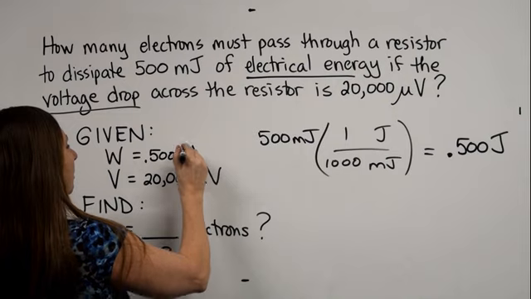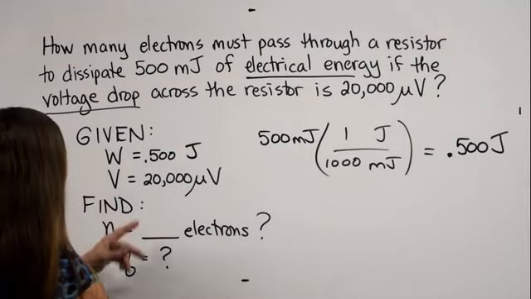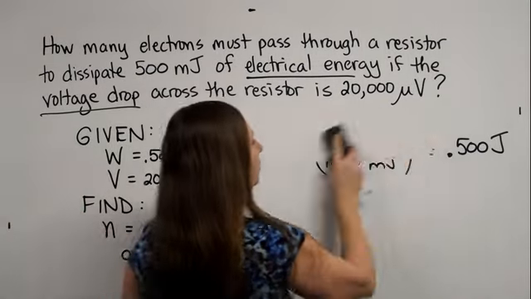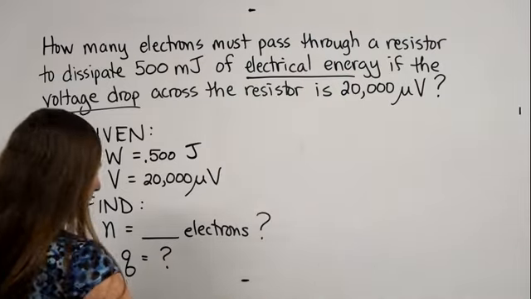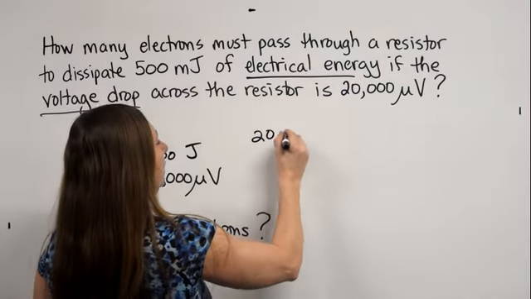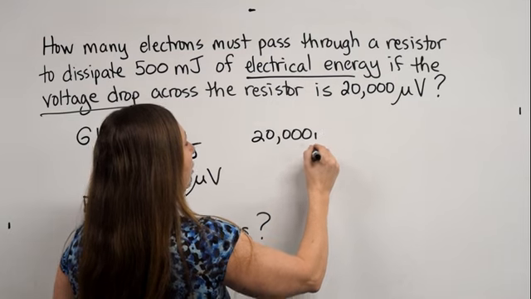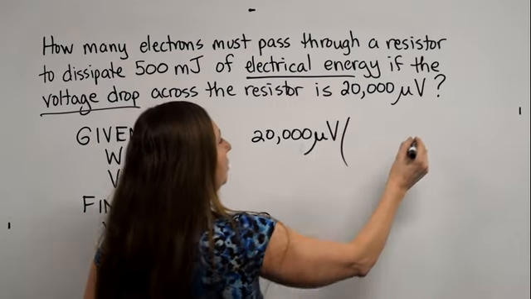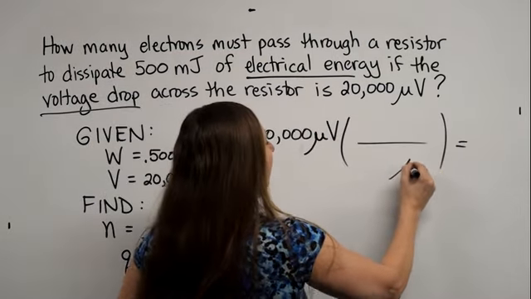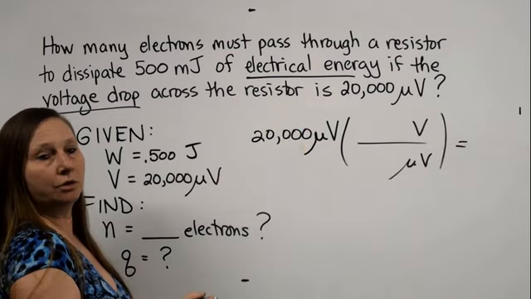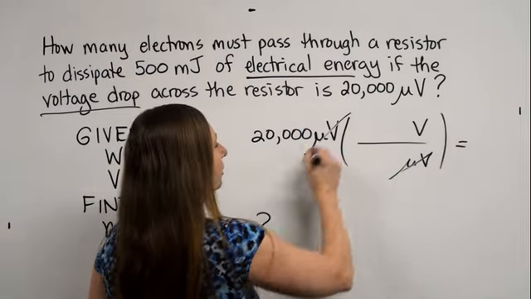joules, and we want to change 20,000 microvolts to volts. Microvolts to volts. Get rid of the microvolts, top and bottom.